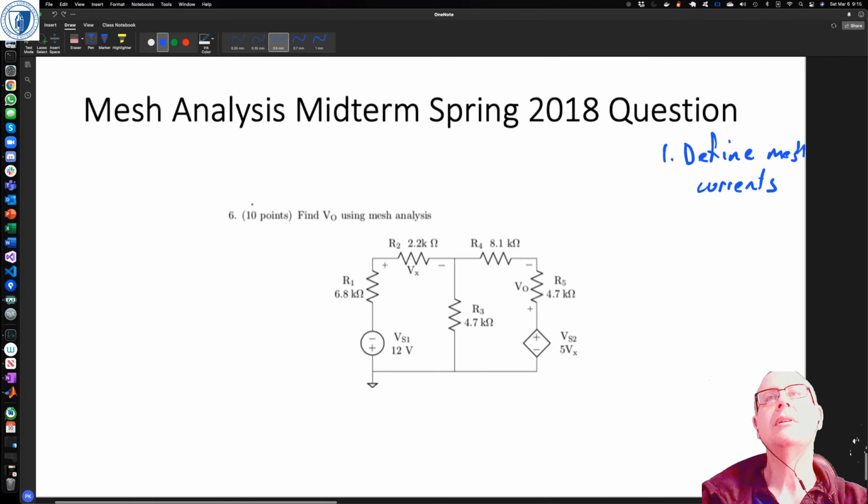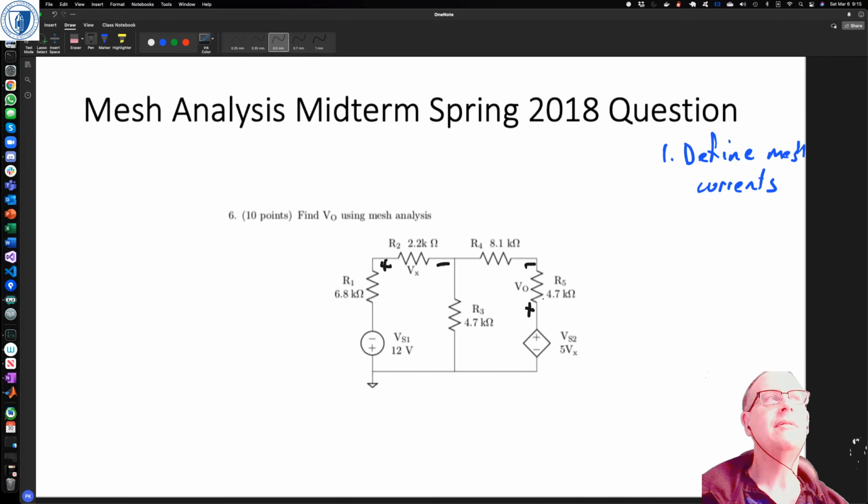Let me do that in a different color. There's Vx, and there's the polarity of V out. So you've got to be very careful.